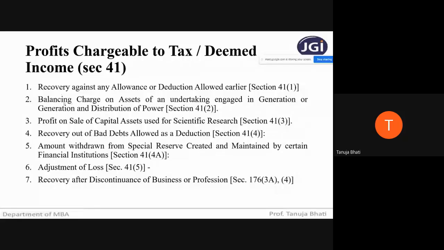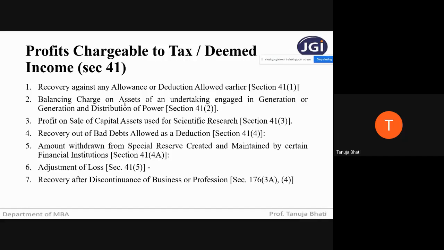Next, balancing charge on asset of an undertaking engaged in the generation and distribution of power. Students, suppose any asset, and asset means it can be any building, furniture, plant, machinery. Suppose that asset is owned by the SSE, it should not be rented.